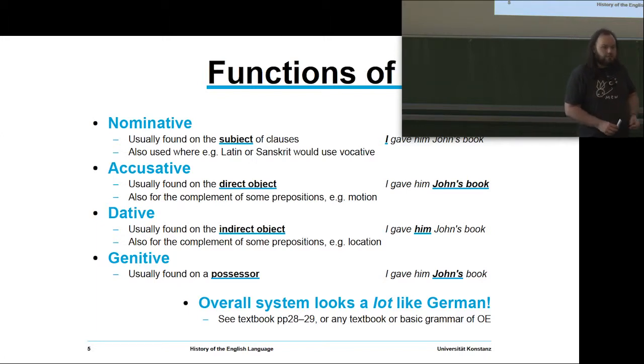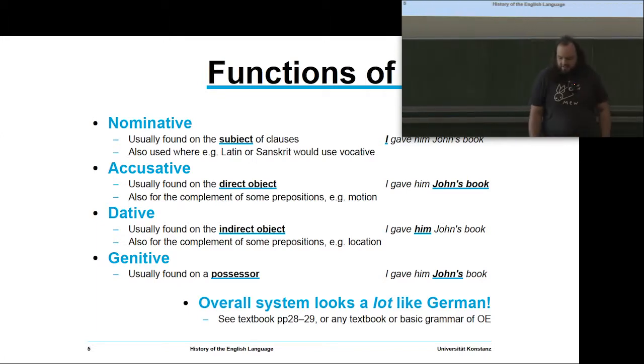The other use of the nominative case is in certain constructions where a language like Latin or Sanskrit would use what's called a vocative. If that doesn't mean anything to you, what I mean by this is when you address something or someone directly. So if I know that Christoph is down here at the front and I say "Christoph", then in Latin or Sanskrit I would use the vocative case.